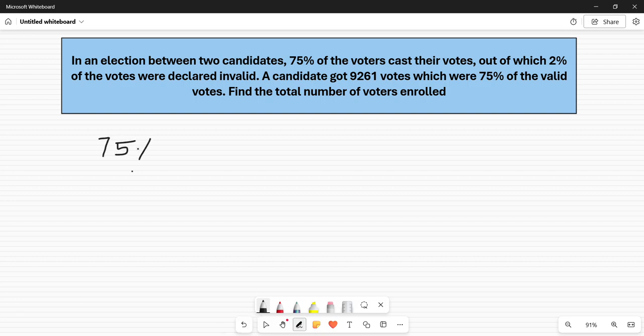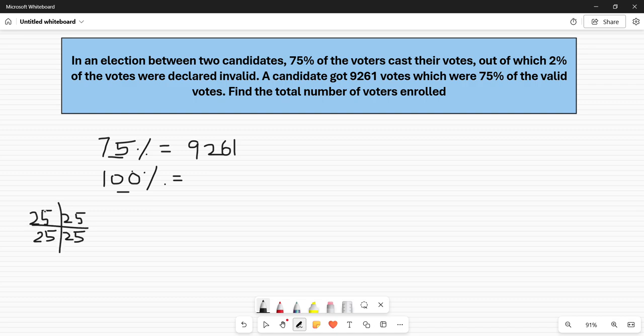75% of valid votes is 9261, right? What the candidate got. In order to find 100%, 75, 100. We have seen in the past, so your 100% is 25, 25, 25, another 25.